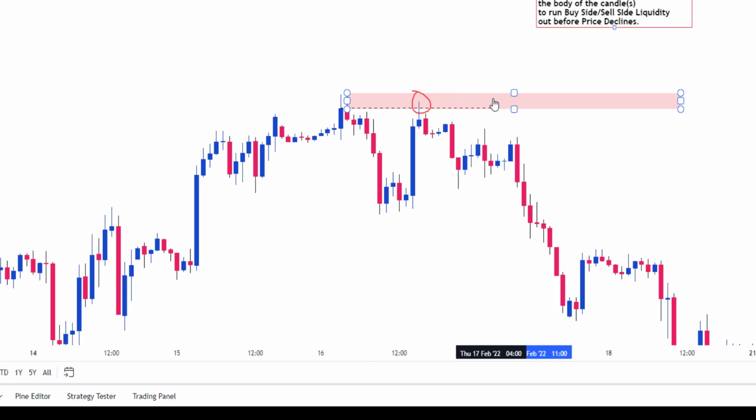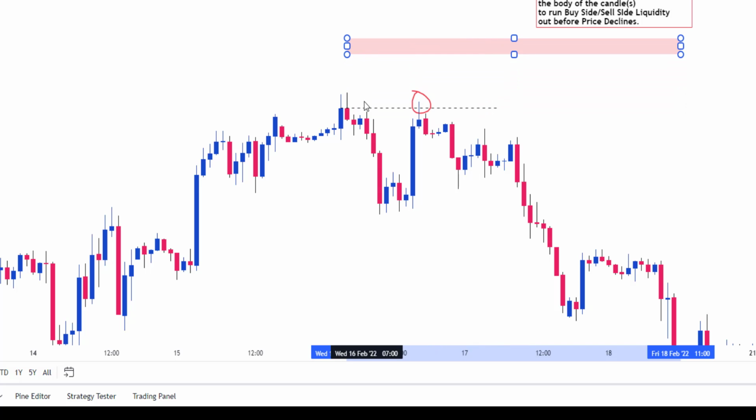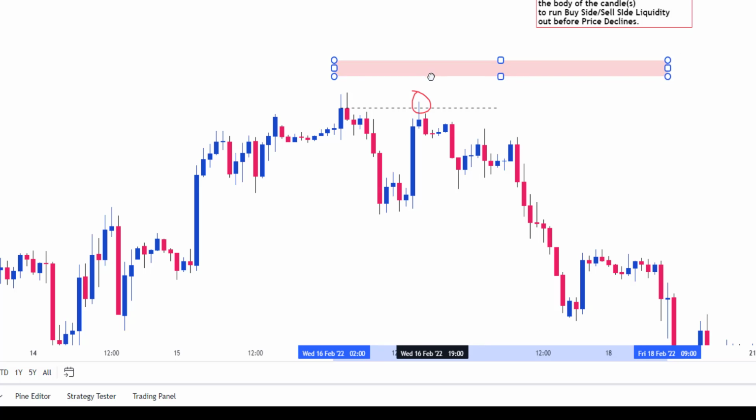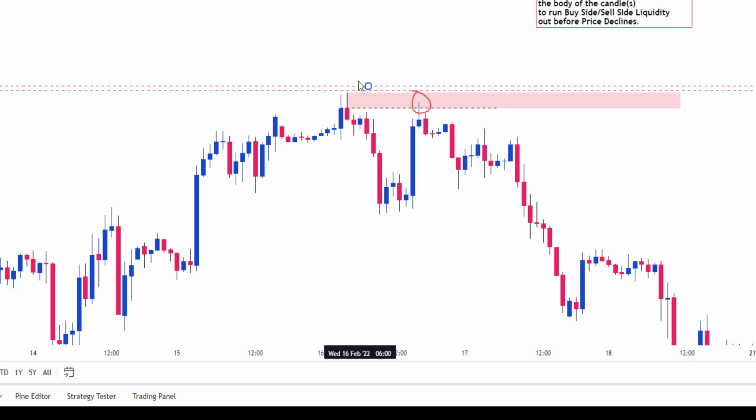Now in ICT mentorship month 1, ICT actually said that liquidity starts from above the body, all this wick. You can actually see here, above the body and above. All this place is filled with liquidity, and liquidity is simply money. In this regard, we are dealing with buy side liquidities.